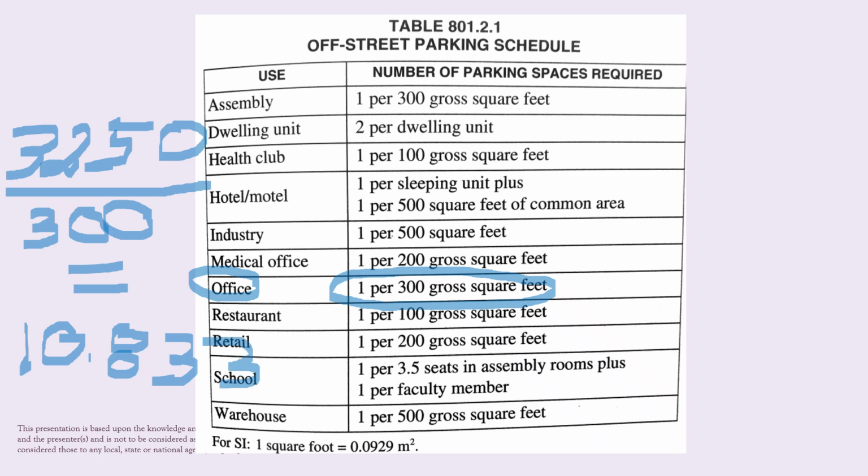Now in the text immediately above the parking schedule table, we read that any fractional parking space shall be computed as a whole space. We're not going to have a 0.83 space. So therefore, how many spaces are required for our building? This office building is going to require 11 off-street parking spaces.